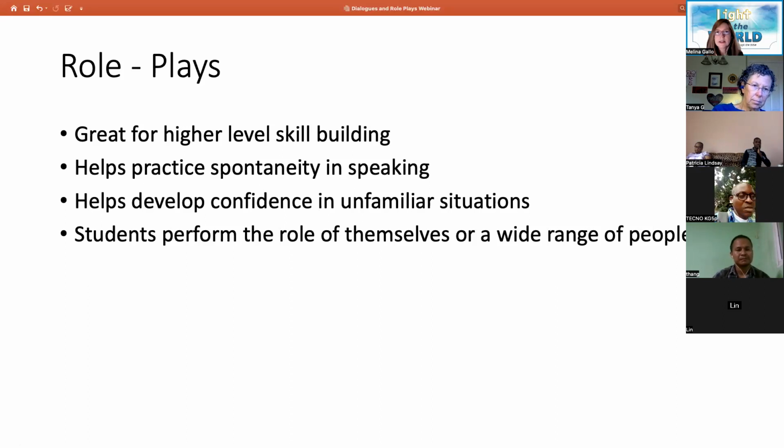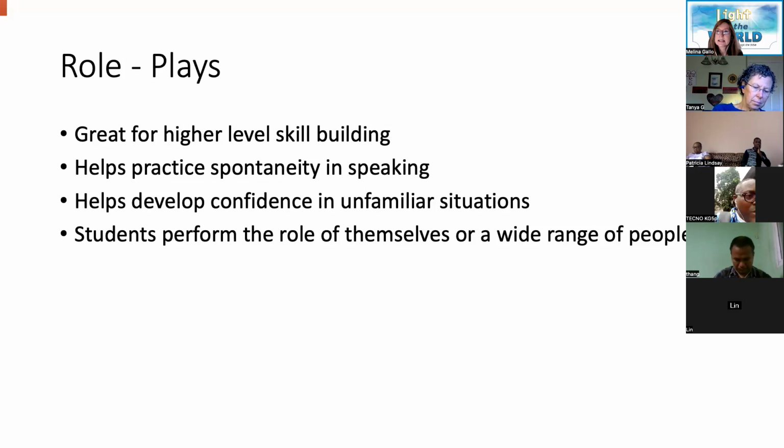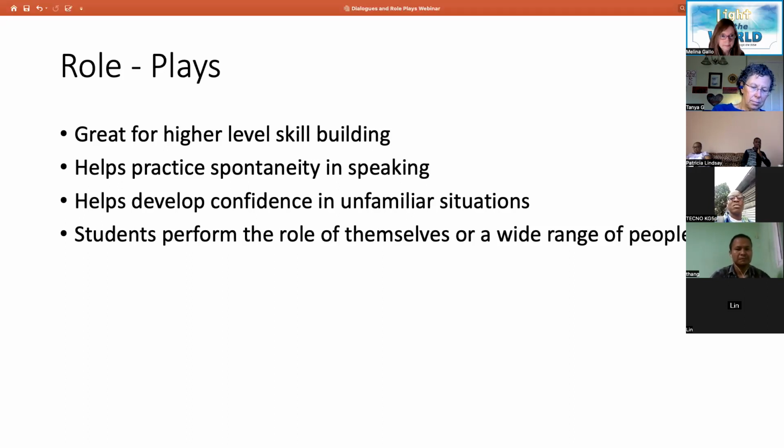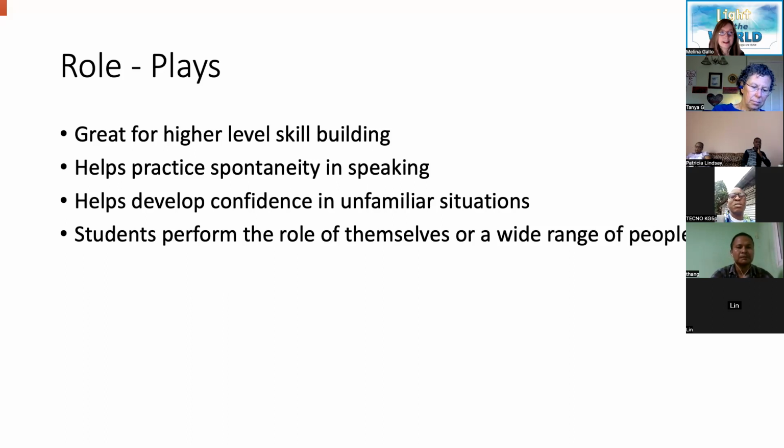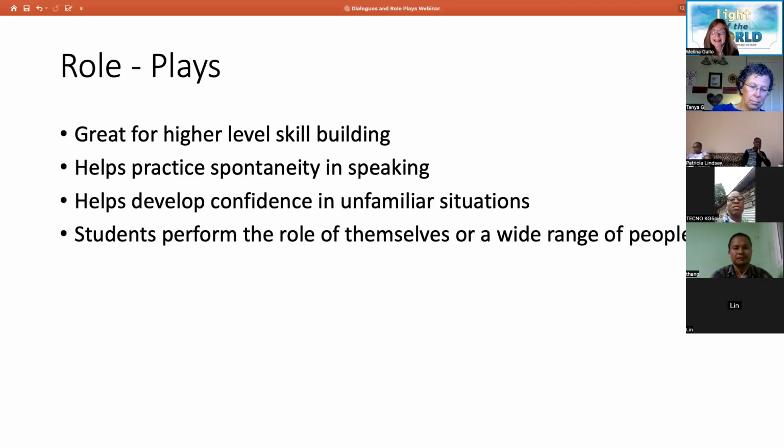In many of the Light of the World lessons for activity 6B, we will have a role play. This can help them develop spontaneity in speaking. It helps them to speak in the moment instead of having something memorized ahead of time.